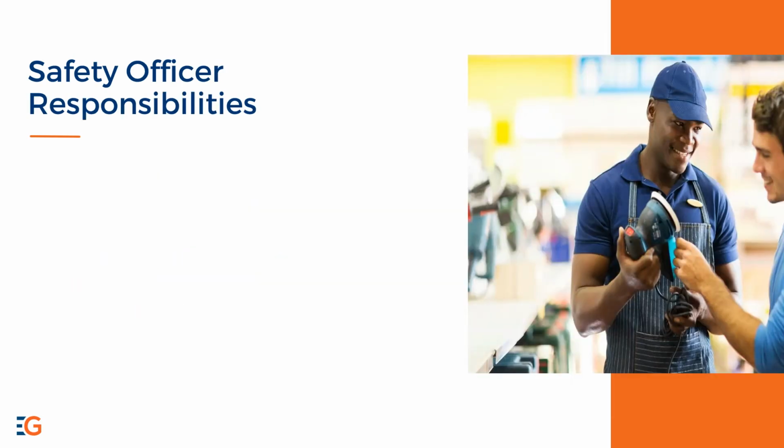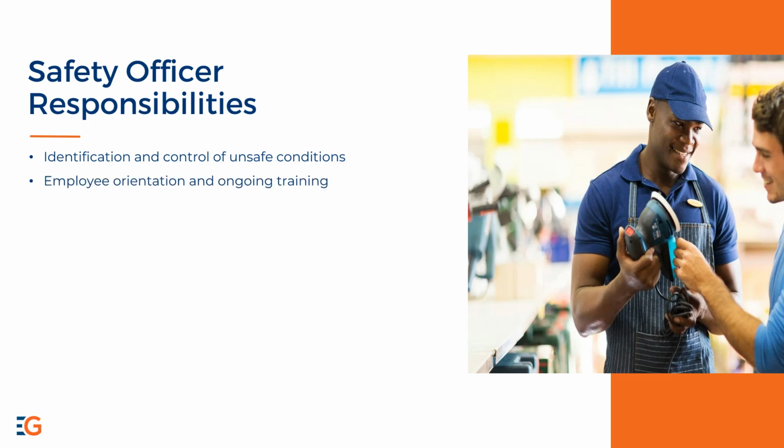Let's review the responsibilities of the safety officer, which are identified in the IIPP. Identification and control of unsafe conditions through ongoing inspections of the workplace. Employee orientation and ongoing training on the hazards associated with their job. Enforcement of all safety rules and policies when employees are not adhering to safe practices.